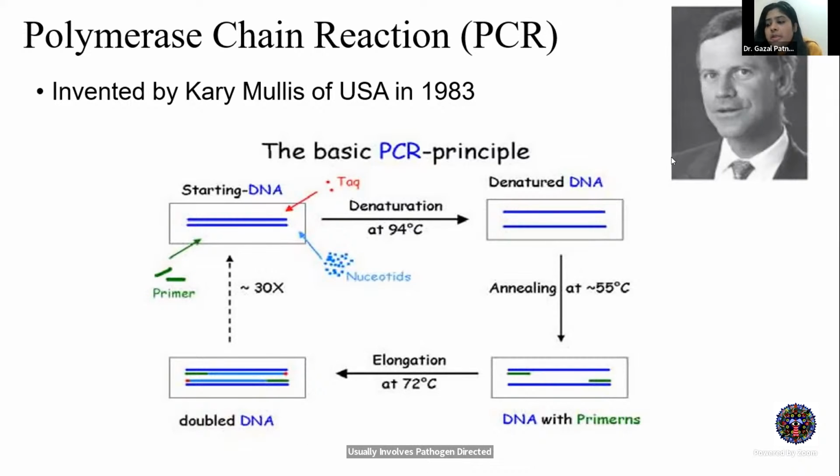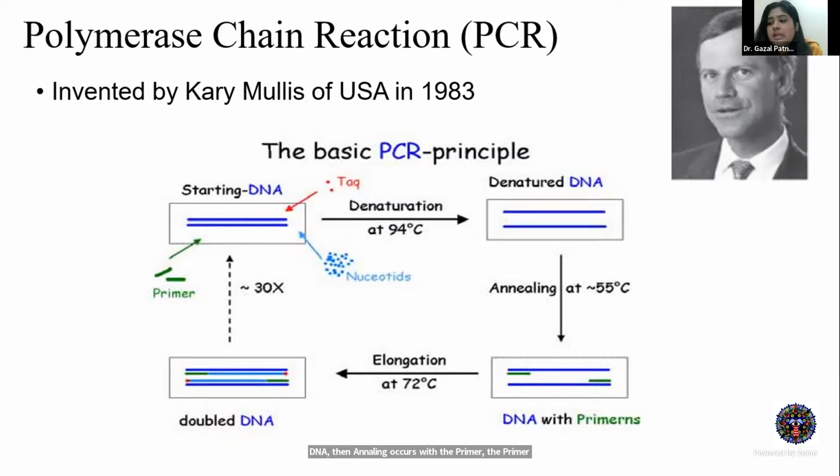So the process begins with denaturation. Samples of interest are heated to 90 to 95 degrees to denature the double-stranded DNA, and that produces single-stranded DNA. Then annealing occurs with the primer. The primers are usually two short oligonucleotide primers, around 15 to 20 nucleotides.